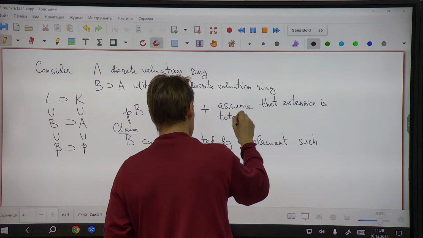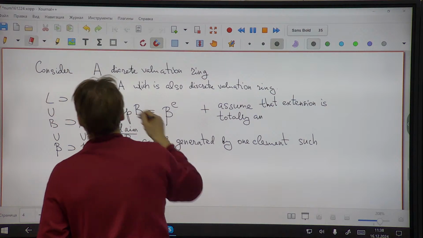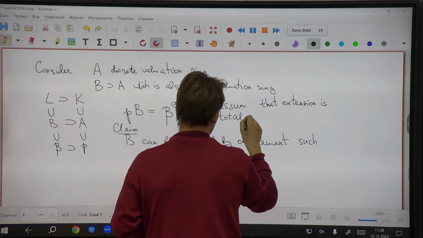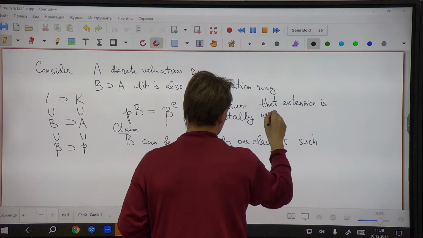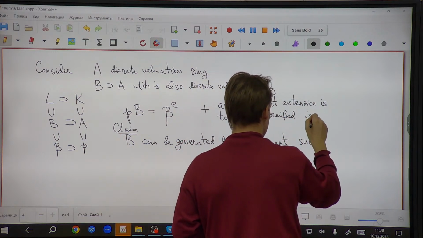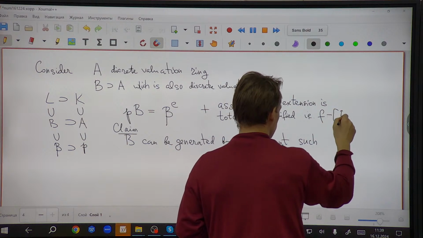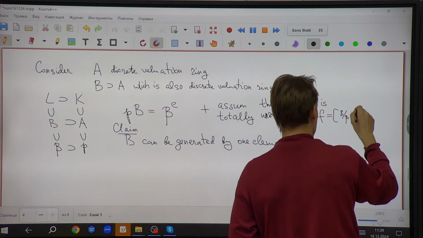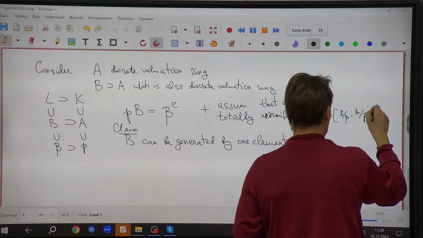I shall explain what it is, meaning that the number f, which is the degree of the field extension of B/beta over A/p, is equal to 1.